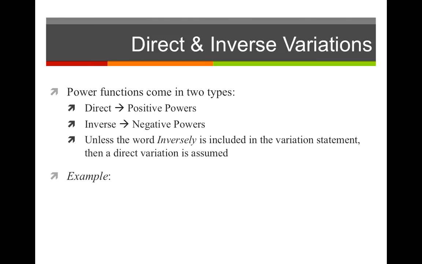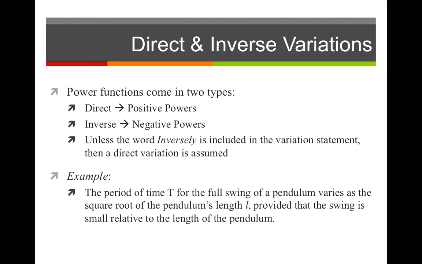So if they say things like this: the period of time T for the full swing of a pendulum varies as the square root of the pendulum's length L, provided that the swing is small enough, blah, blah, blah. The last little part of that sentence really doesn't have an effect on the equation. But notice that it does not say inversely, and it doesn't say directly either. But since it doesn't say inversely, we're going to use directly.